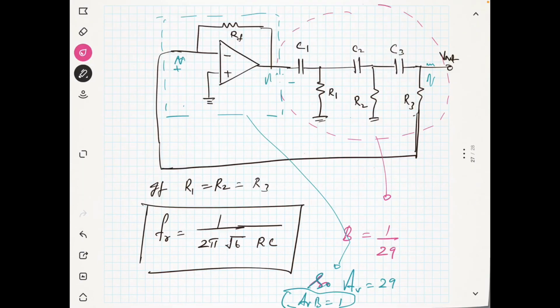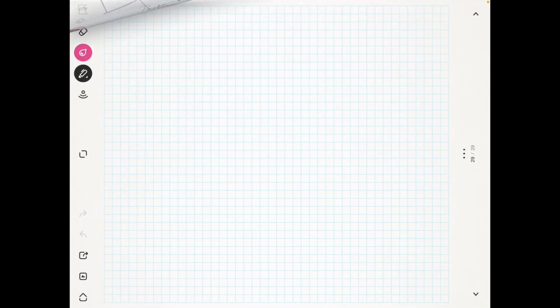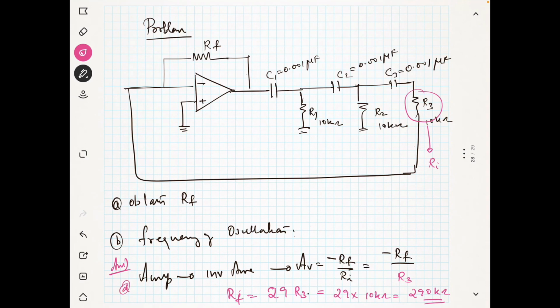The AV is minus 29, or the magnitude of the gain is 29. We got 290 kilo ohm, 29 into R3, because the gain for an RC phase shift oscillator is always minus 29. So this is the first part that is finished, part A.